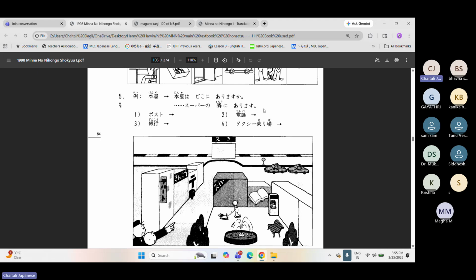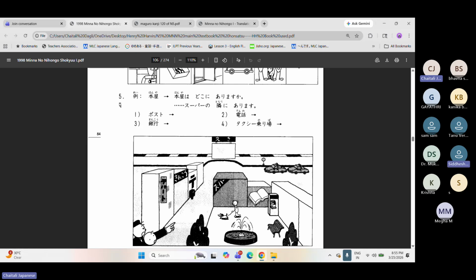Here they have used tonari no. Here they have used supa no tonari ni arimasu, or you can use denwa no ushiro ni arimasu. Are we clear, everyone?